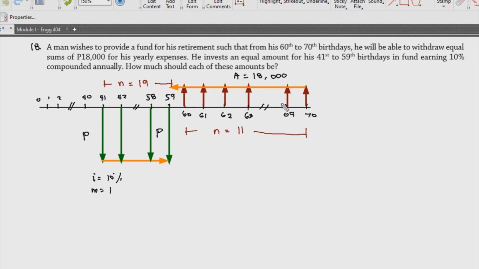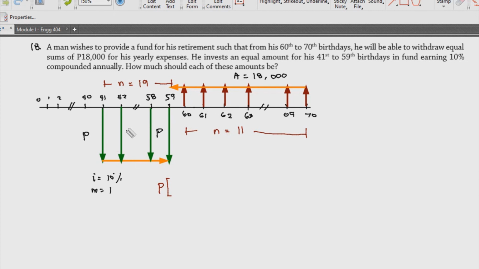Okay. So the formula would be something like this, no? Kung ito yung re-reference natin, di ba dapat mag-equate silang dalawa? So from this, we know that every value na nilagay natin is P. So we have P times yung ating multiplier na P given A, pero dito is P din.